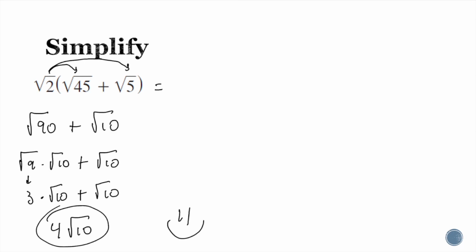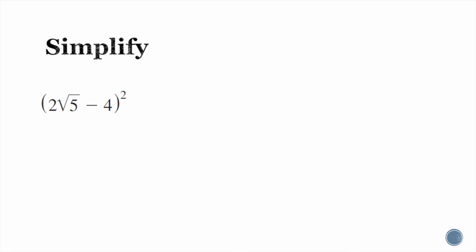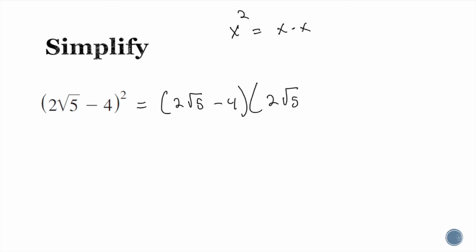Hopefully you're catching on. So let's take a look at something a little bit different, but it's the same. We already know that x squared is x times x. So looking here, I have a binomial squared, and if you remember our lessons in quadratics, we've seen this a lot. So I can rewrite this expression as 2 times the square root of 5 minus 4 times 2 times the square root of 5 minus 4.